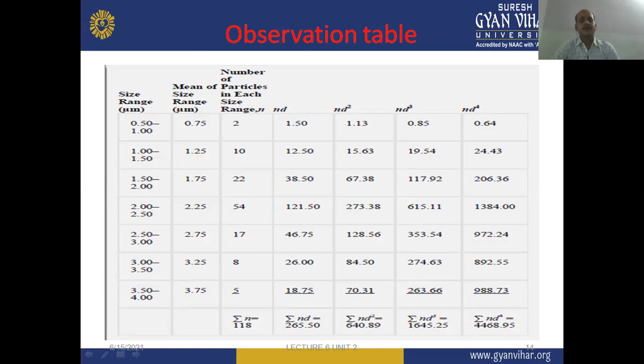Similarly, when we multiply n with the diameter d, we obtain nd. When we multiply again with the mean size, it is defined as nd square. When nd square is multiplied with d, we obtain nd cube, and nd cube multiplied with d gives nd4. The summation of all these terms is denoted by sigma nd, sigma nd square, sigma nd cube, and sigma nd4.